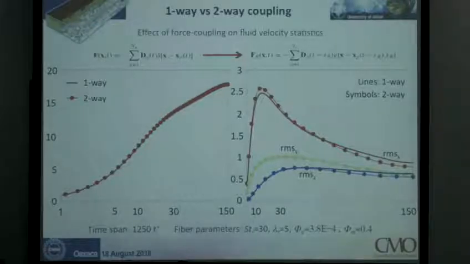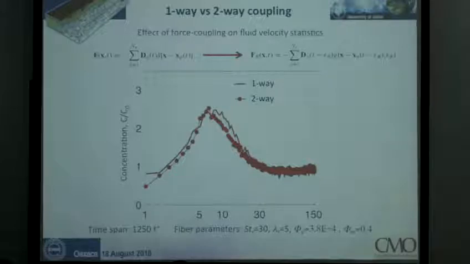The main point is that you can see that there is no big difference between one-way, which are the lines, and two-way statistics, which are the symbols. And the same is true for the concentration. This is the concentration for our reference set. Again, no big difference. You can still see some concentration close to the wall, just outside the viscous sublayer.